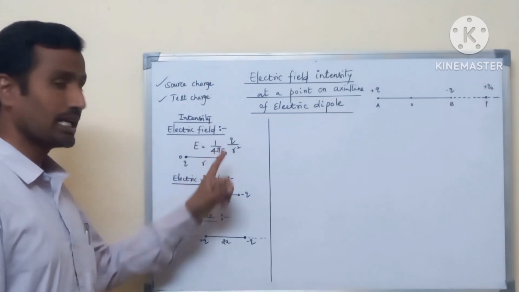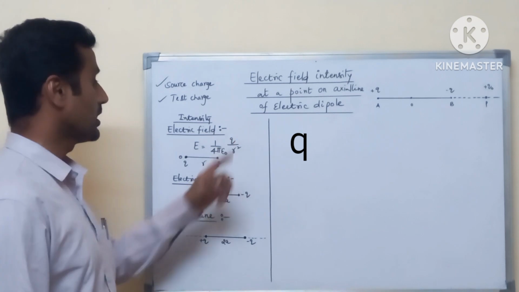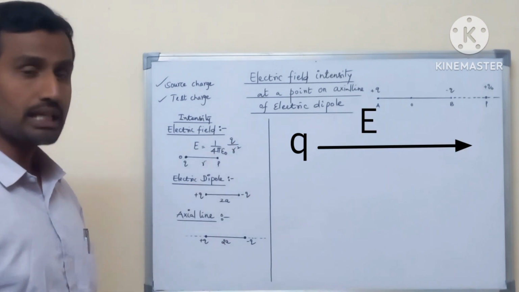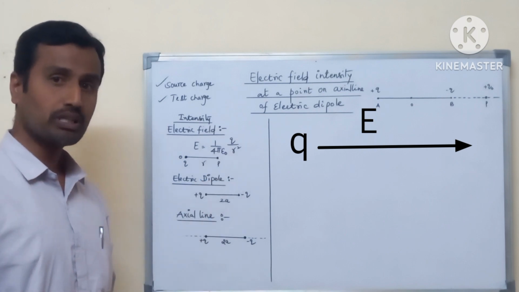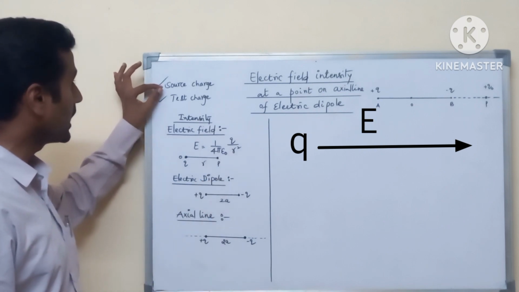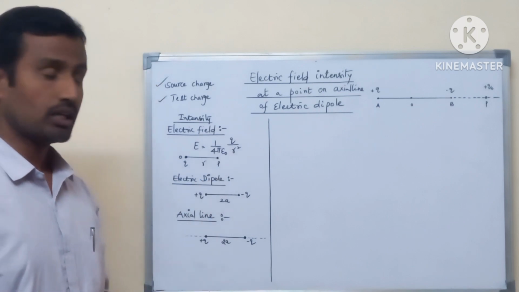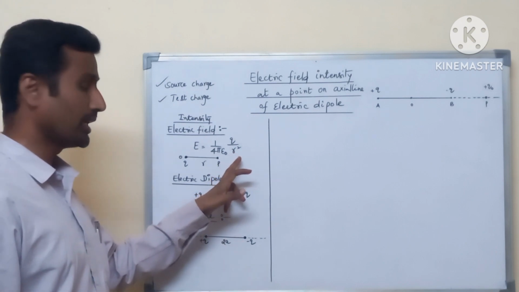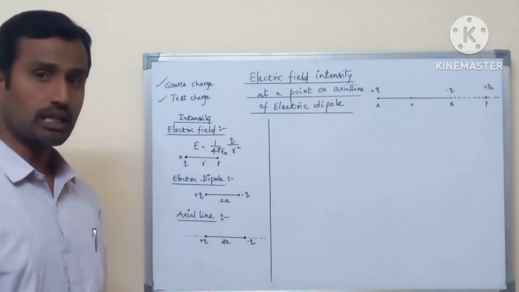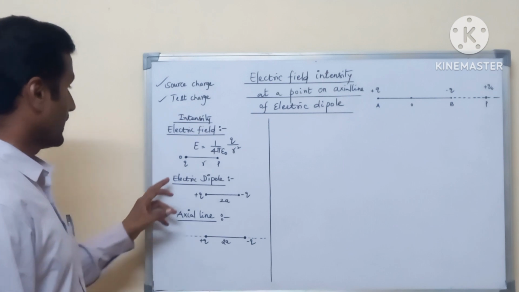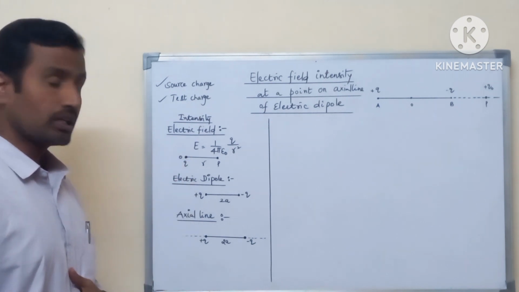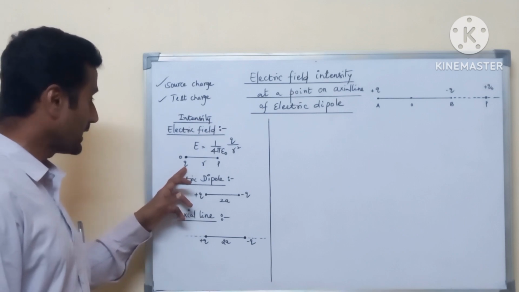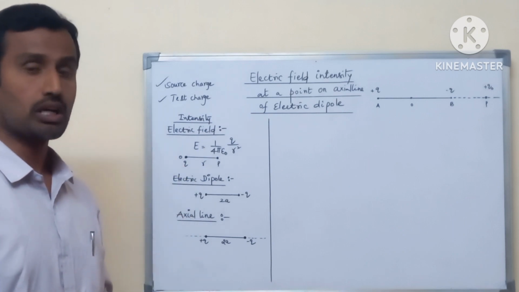Here Q is the source charge which produces the electric field, and r is the distance between the source charge and the test charge. The direction of electric field is determined by the sign of source charge.